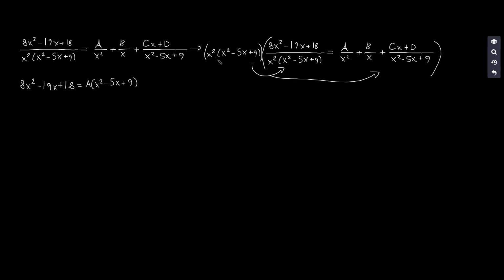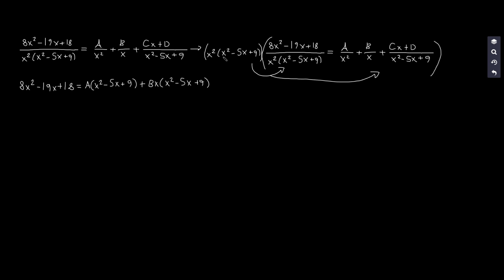All right. Then we're going to multiply the least common denominator to the second term on the right hand side of the equation, b over x, and then this x is going to cancel with this x, but there's still going to be one x left. So we're going to have plus b times x times x squared minus 5 times x plus 9 quantity.